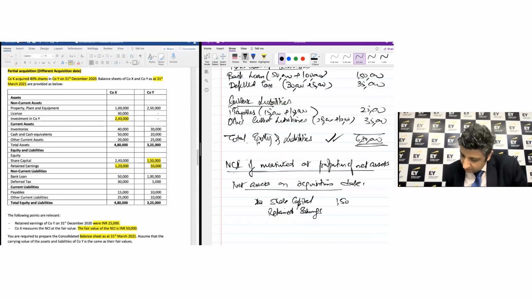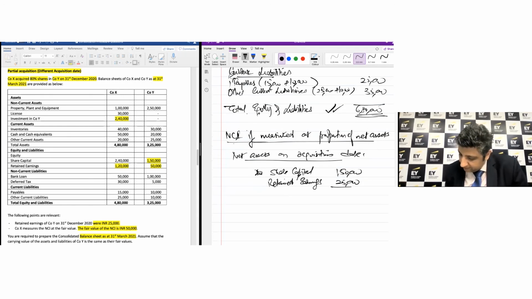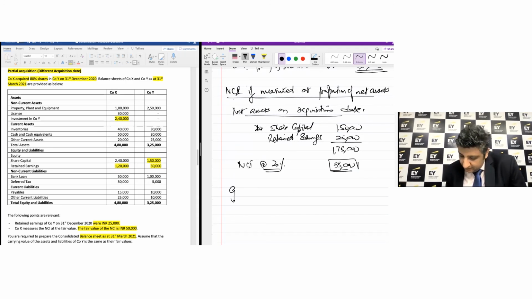The share capital of 1,50,000 and retained earnings of 25,000, making it 1,75,000, right? And then we are saying the NCI as a proportion at the rate of 20% of these net assets, right? Now this gives me a value of 35,000 there, okay?